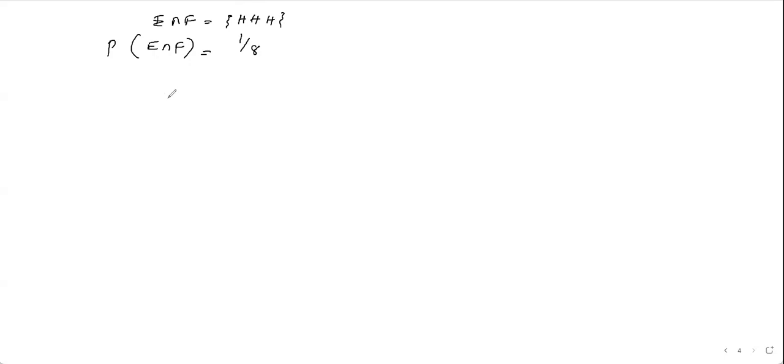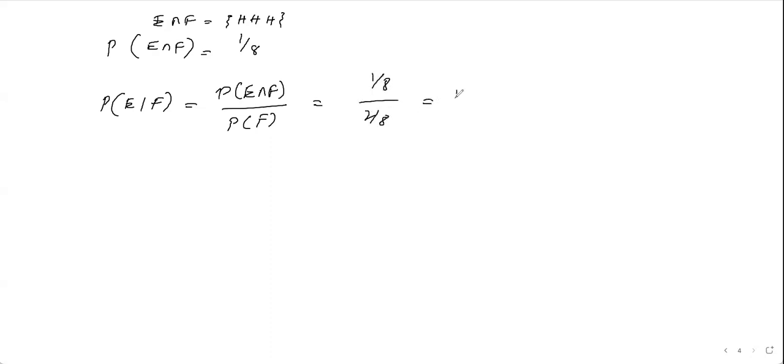Hence the probability of E given F is probability of E intersection F by probability of F. So this will be 1 by 8 by 2 by 8, which is 1 by 2.